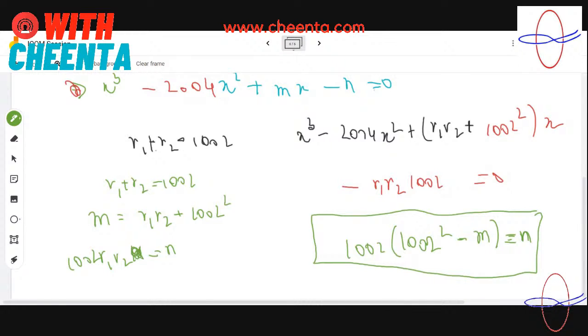Are you sure about it? Think about it now. What are the possible values? n is positive. Yeah, positive roots.